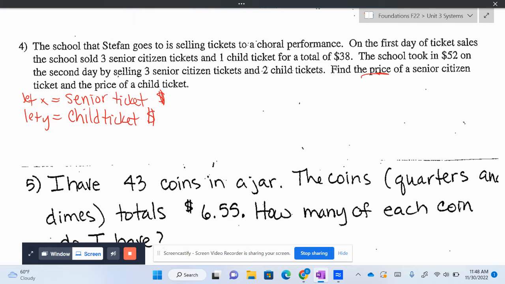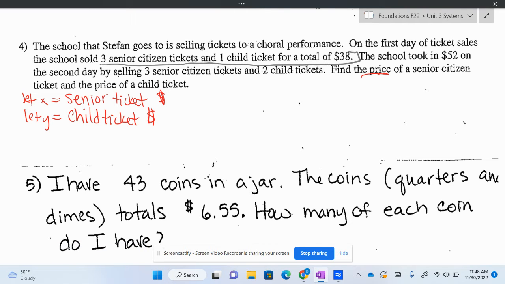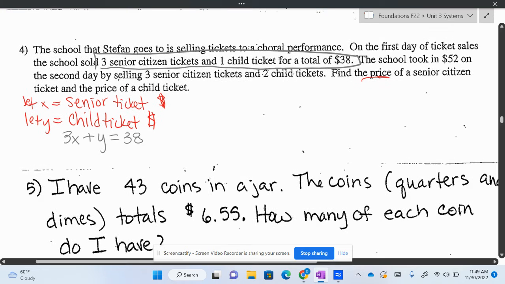So how do I show what they sold on the first day? It says 3 senior tickets and 1 child for $38. That's the first day. What does that look like? Okay, are you all right with me just writing 3x plus y? Okay. What about the second day, Dakota?